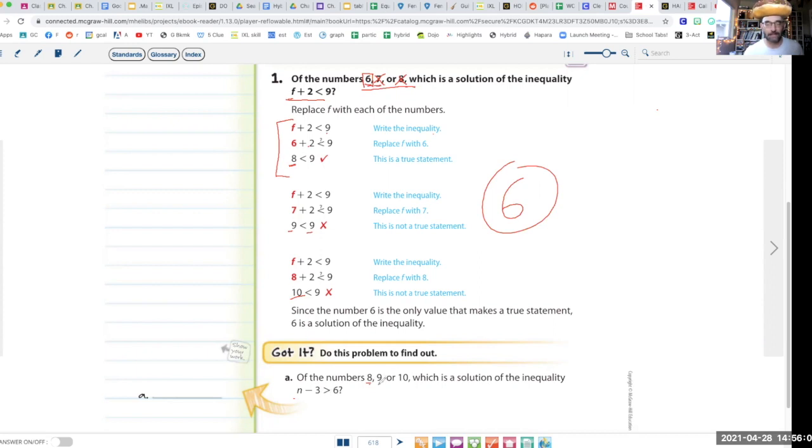If it's 9, 9 minus 3 is 6, and 6 is not greater than 6. But 10, if n is 10, 10 minus 3 is 7, and 7 is greater than 6. So of those, the only correct answer is 10. Now, again, you may have some questions where there are more than one correct answer. But on this one, it's just that one answer.